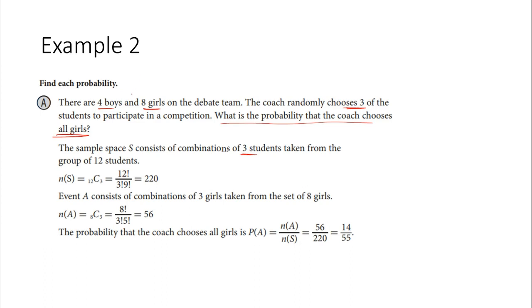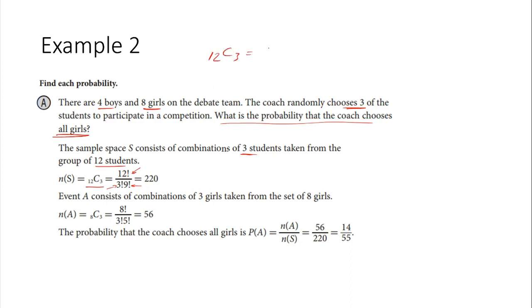But there are a total of 12 students, right? There's 4 boys, 8 girls. That's 12 kids. So hopefully you're already thinking, we've got 12 kids and 3 selections. And again, for this 9 factorial, where did it come from? They had 12 choosing 3.